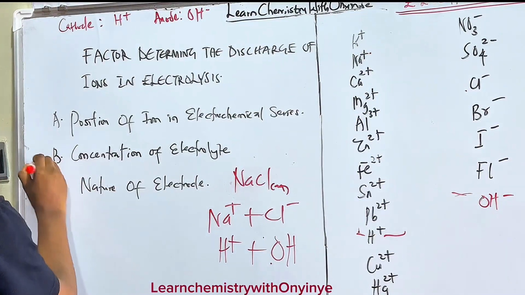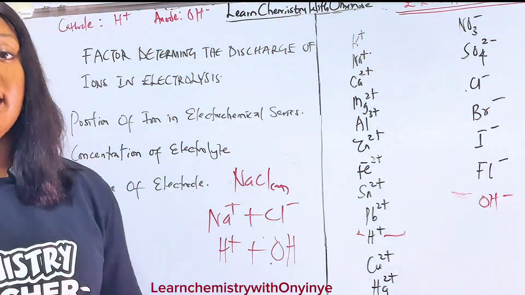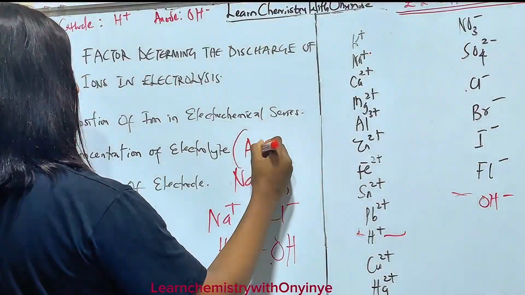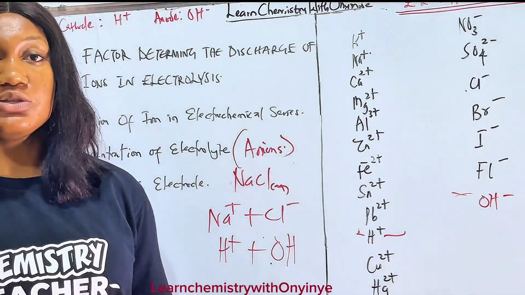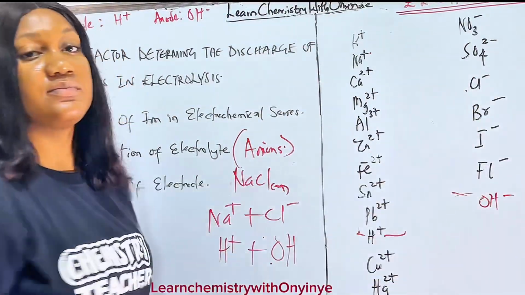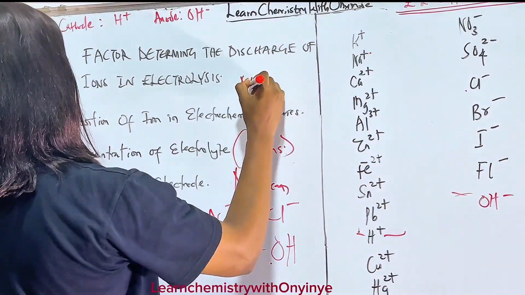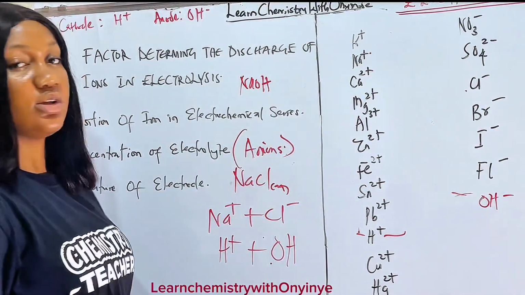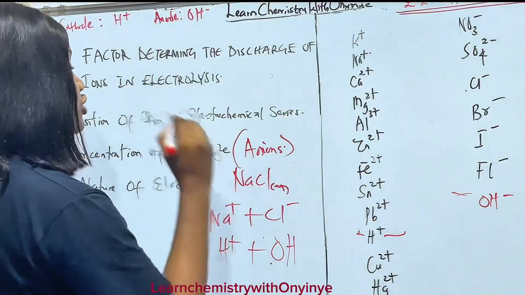So let's talk about concentration of electrolyte. Concentration of electrolyte only affects anions, and not just anions, but anions involving a halogen. So if you have sodium hydroxide here, concentration will not affect it.